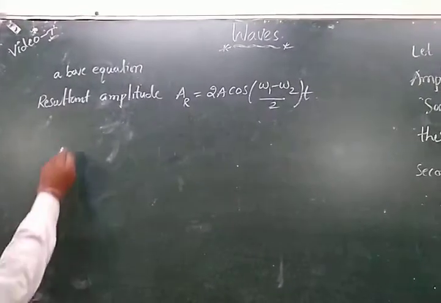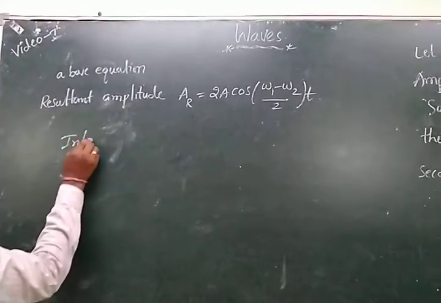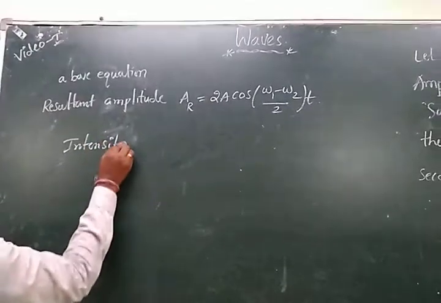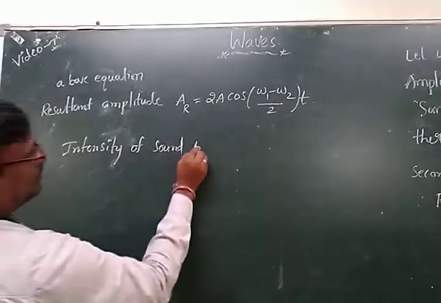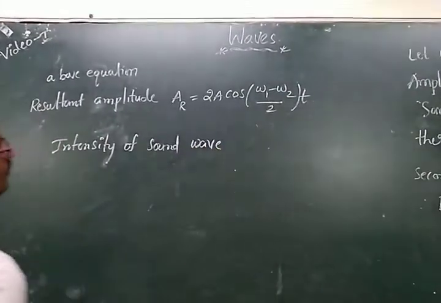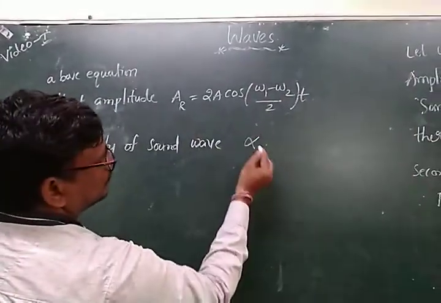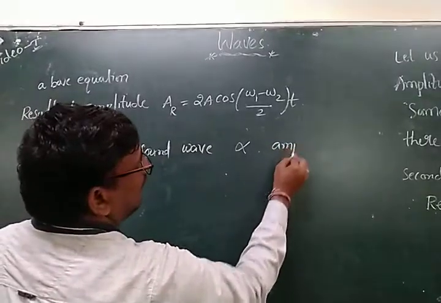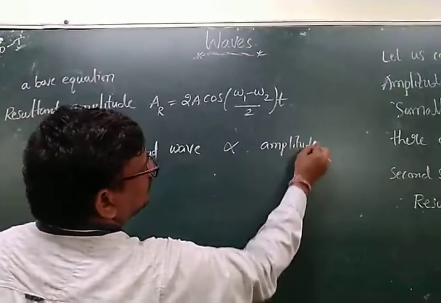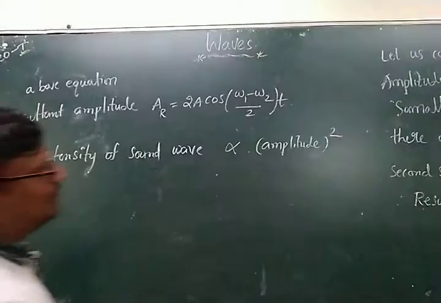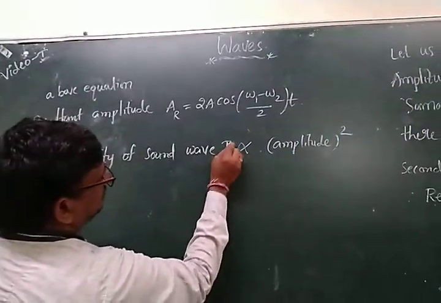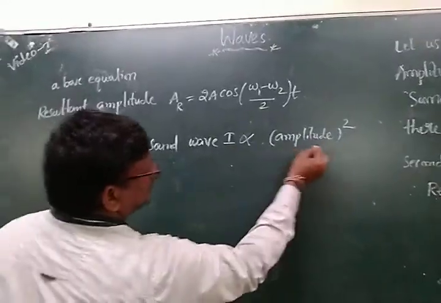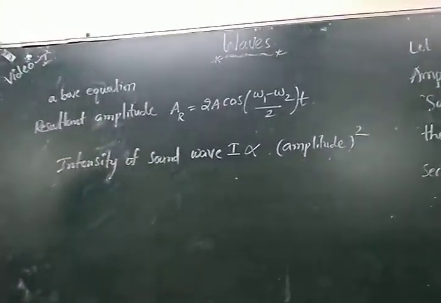Now here the intensity of a sound wave is directly proportional to the square of the amplitude. That means the intensity I is directly proportional to the square of the amplitude.